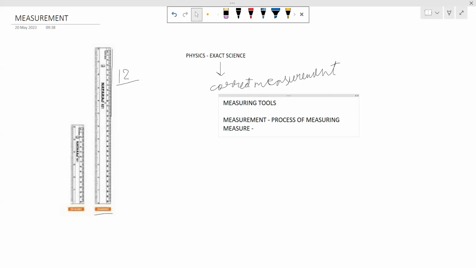Measuring is a reference standard for comparing physical quantities. Suppose here I am taking a pencil or a stick and measuring it 12 centimeter. So we have compared it with the physical quantity 12 centimeter. So measuring means to find the parameter of something.